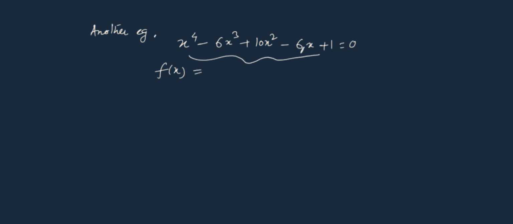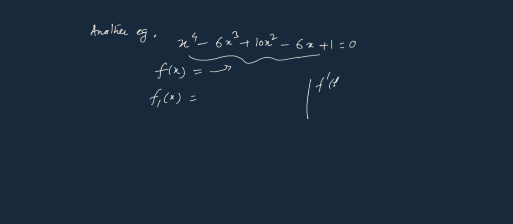Another example. Let's say the given equation is x to the power 4 minus 6x cube plus 10x square minus 6x plus 1 equals 0. So f of x is nothing but this whole thing. So f1(x), what will be the f1(x)?